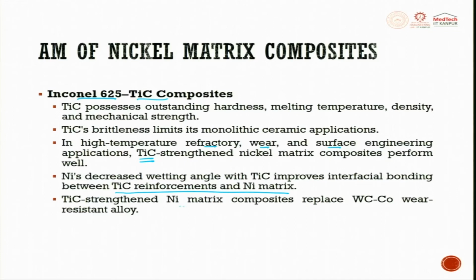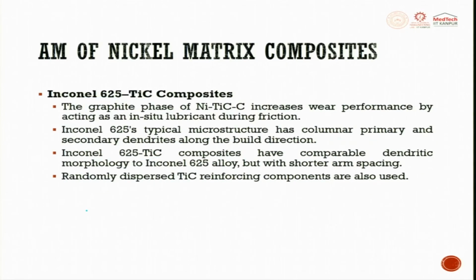TiC strengthened Ni matrix composites replace tungsten carbide and cobalt wear resisting alloys, which are very heavy. The graphite phase of NiTiC, bringing in the C through the graphite phase, increases wear performance by acting as an in situ lubricant during friction.